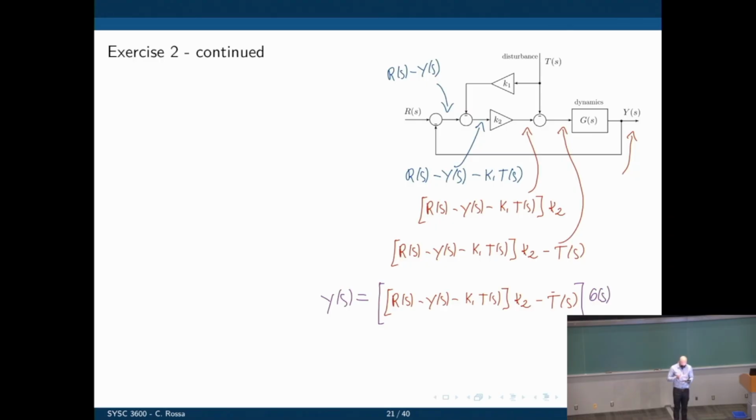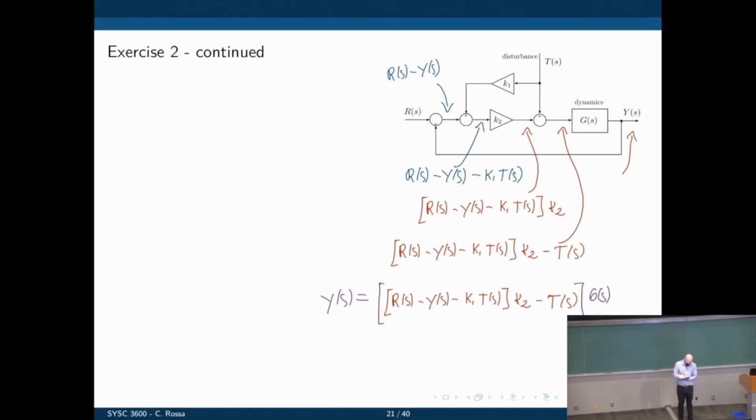Okay. All right. So now what can we do here? Well, we can expand this equation. That's the equation for the system. We kind of solved for Y of S, but there's still Y of S in here. So let's expand this equation and see what we get.